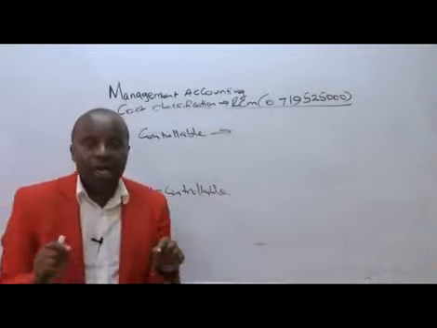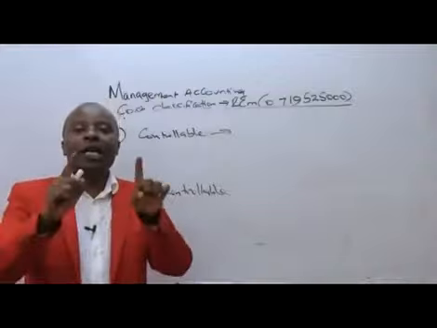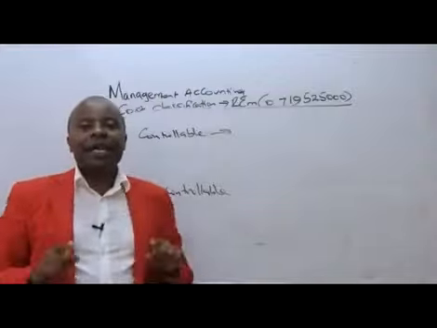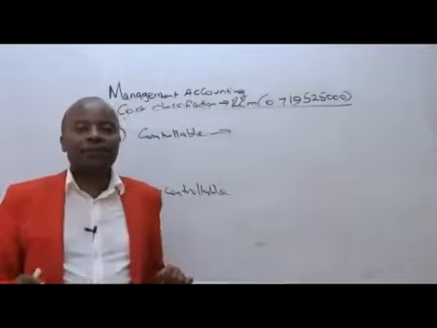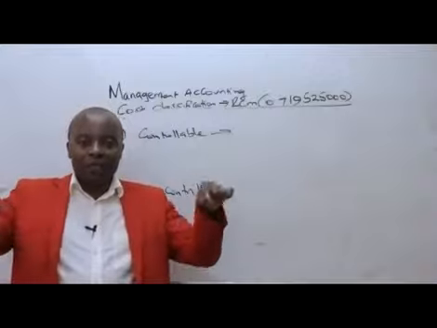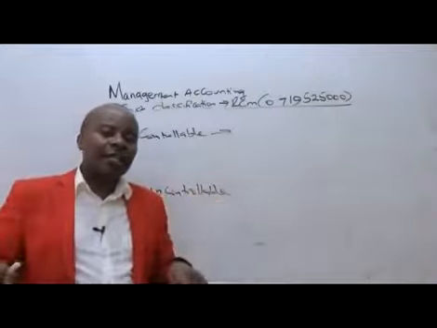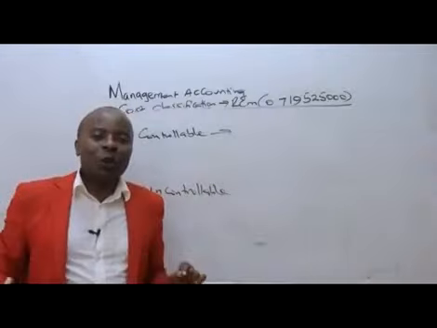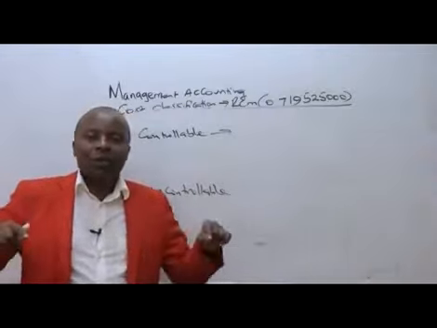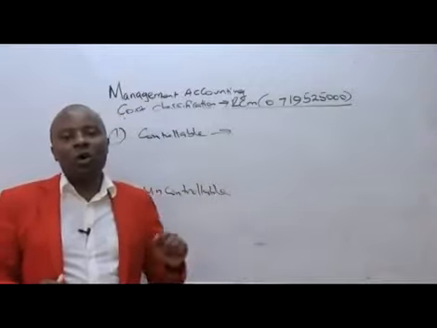Controllable costs are those costs that we can control, that we can influence, their incurrence or not, as management. So as management within this firm, there are those expenses. If we say no to training, then our people will not be trained, and we will not incur training cost. So training cost becomes a very good example of a controllable cost.